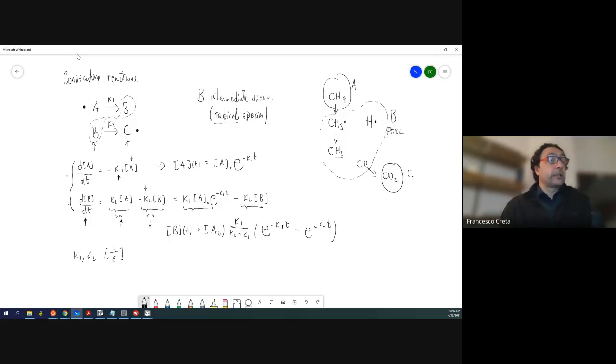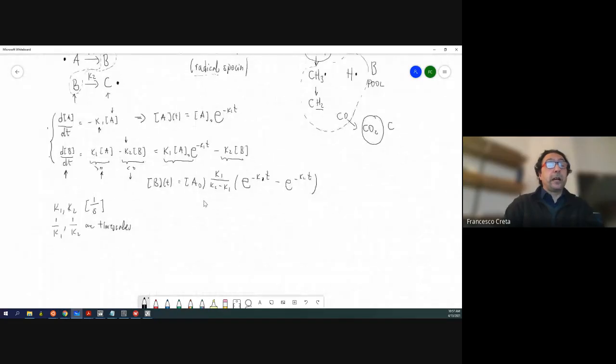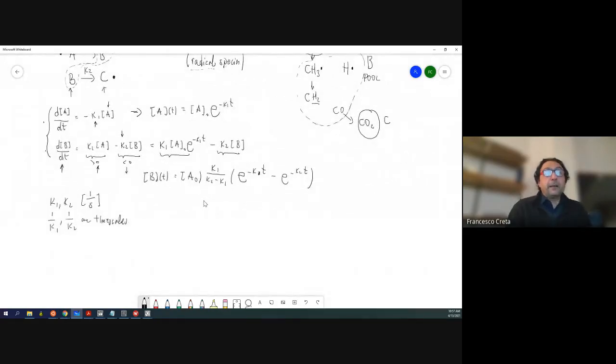In fact, the reciprocals, 1 over K1 and 1 over K2, are what we call time scales. They are representative of two different times, and B contains both of these scales.